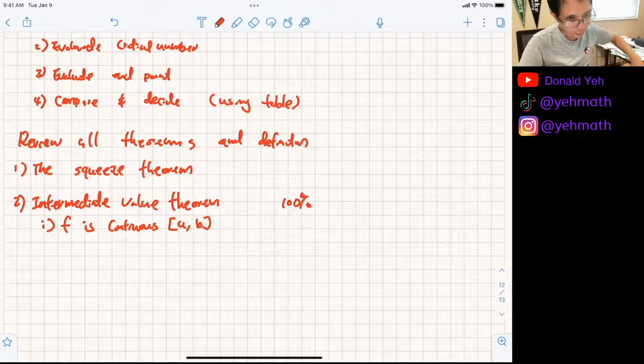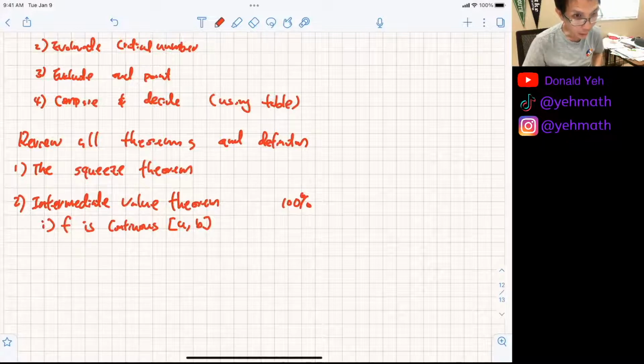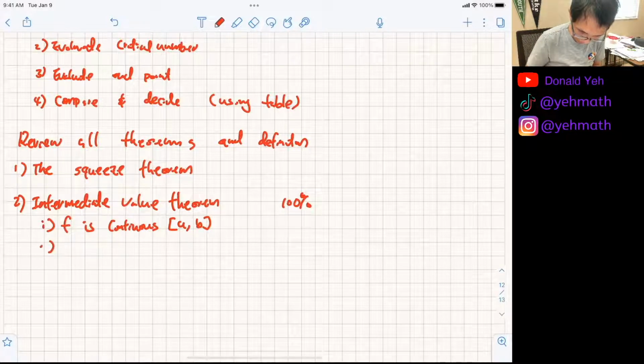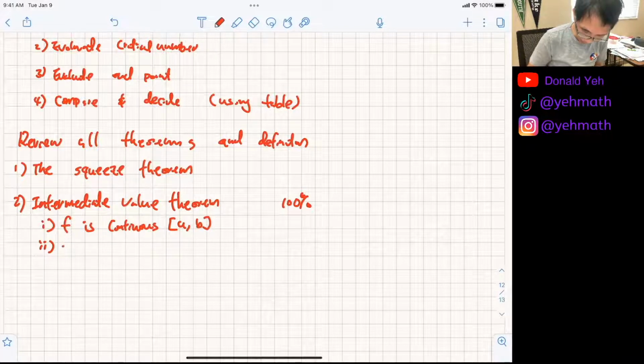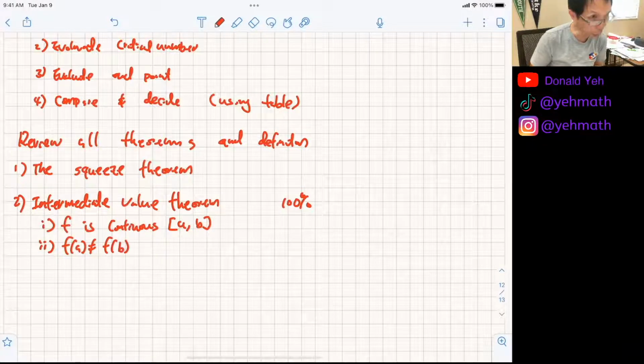I just want to give you the right information, so sometimes I don't have it done entirely. Second, it's continuous, and f of a does not equal f of b. Now it looks very similar to what we're going to do today, but this one is not.